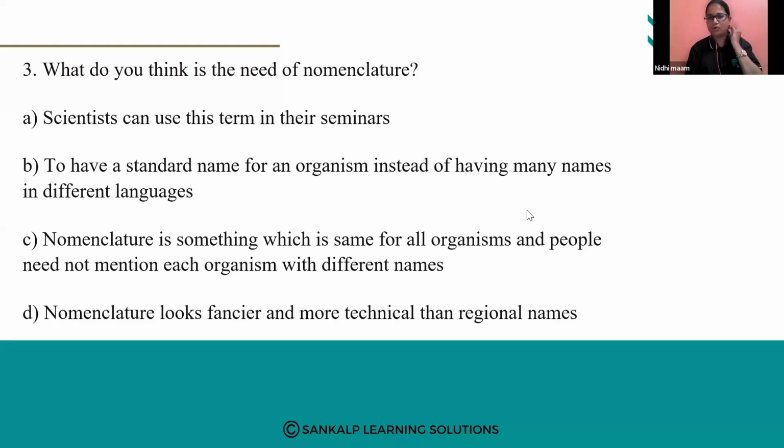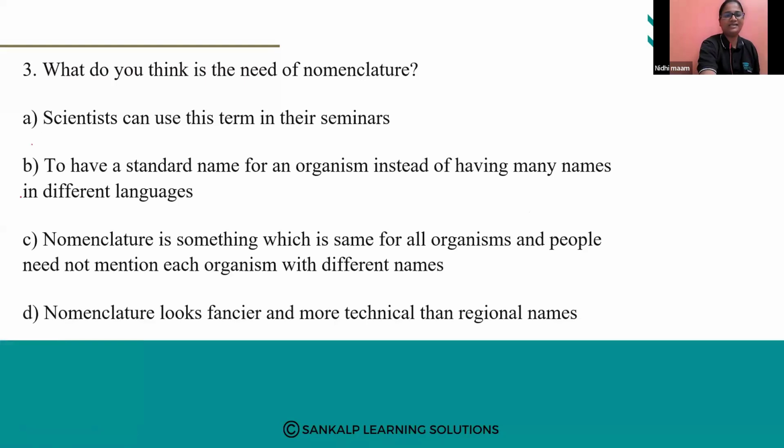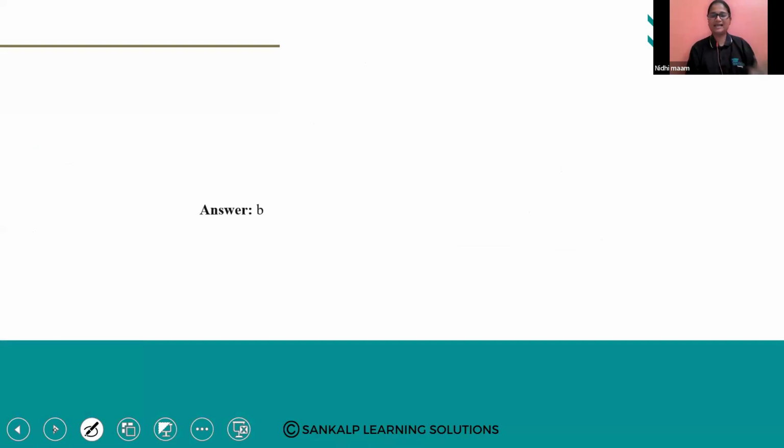Okay. So most of you voted for option B, that is, to have a standard name for an organism instead of having many names in different languages. Let us check the answer. Exactly, option B is the right answer.